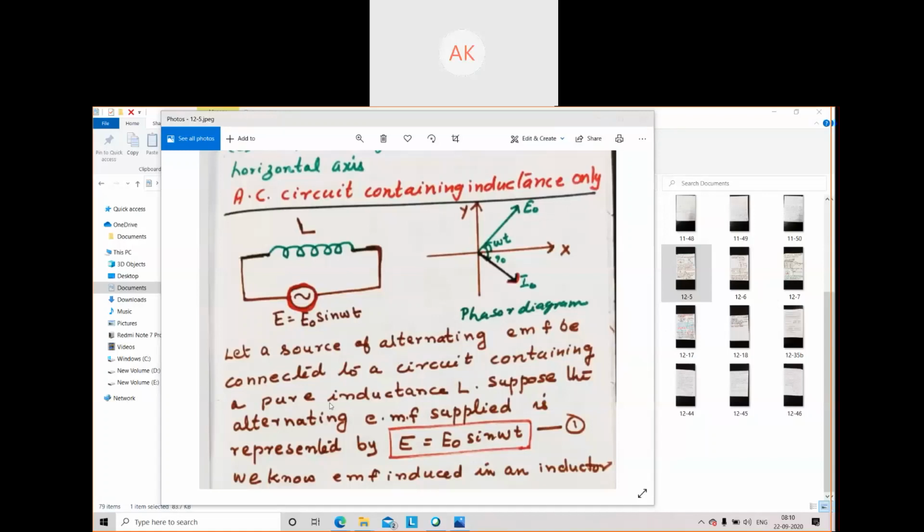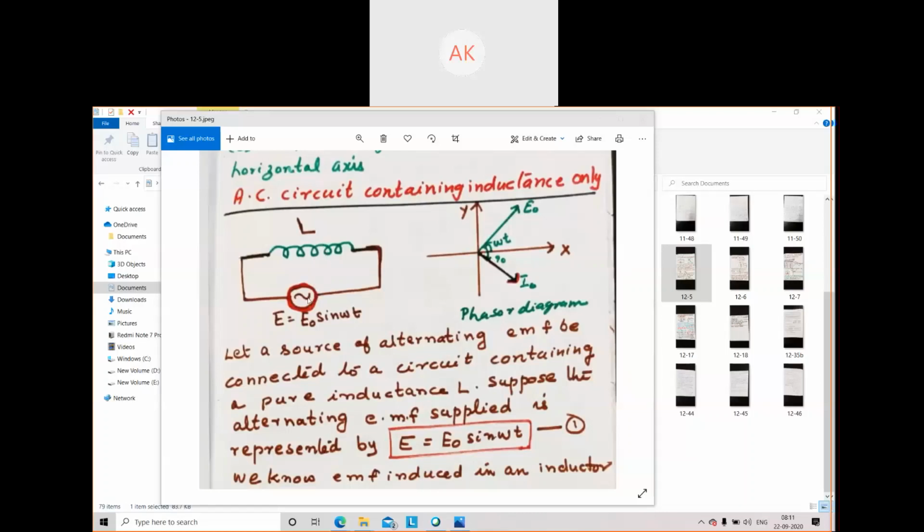Okay. So when AC is passed through an inductor, we already know that due to the property of a coil, it always opposes the change in flux.